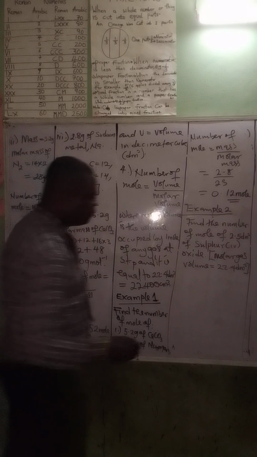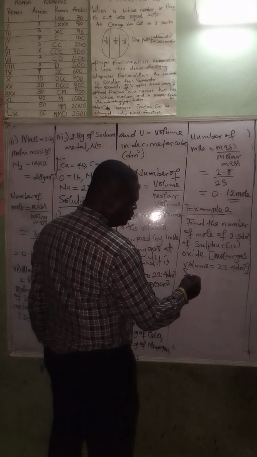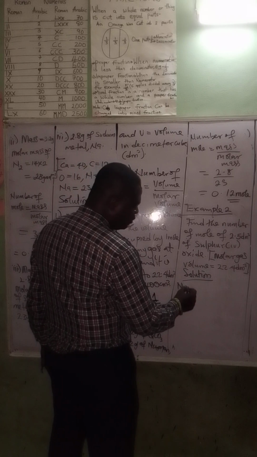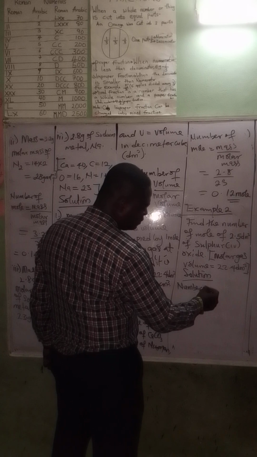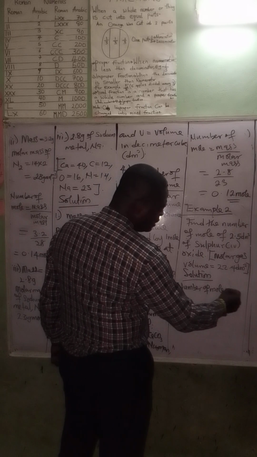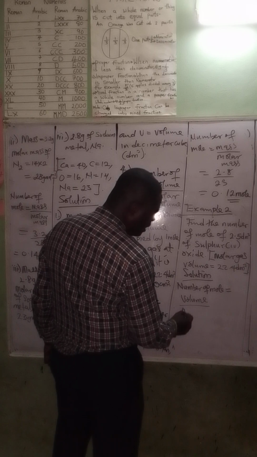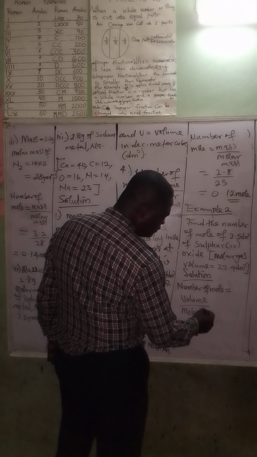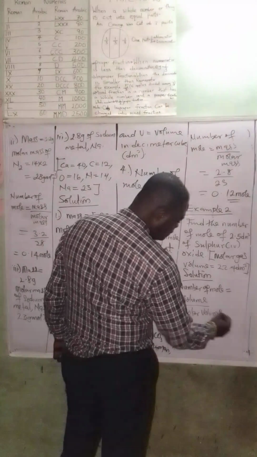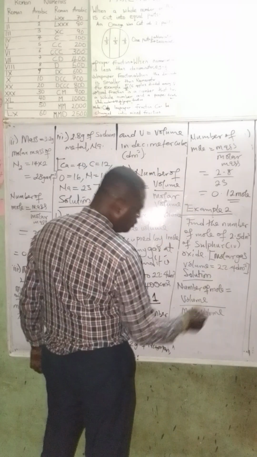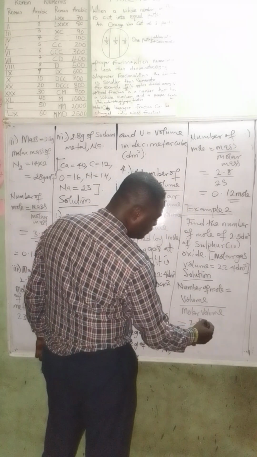Now, what do we do? Solution to this: number of mole equals to volume over molar volume. What's our volume here? Our volume here is 2.5.